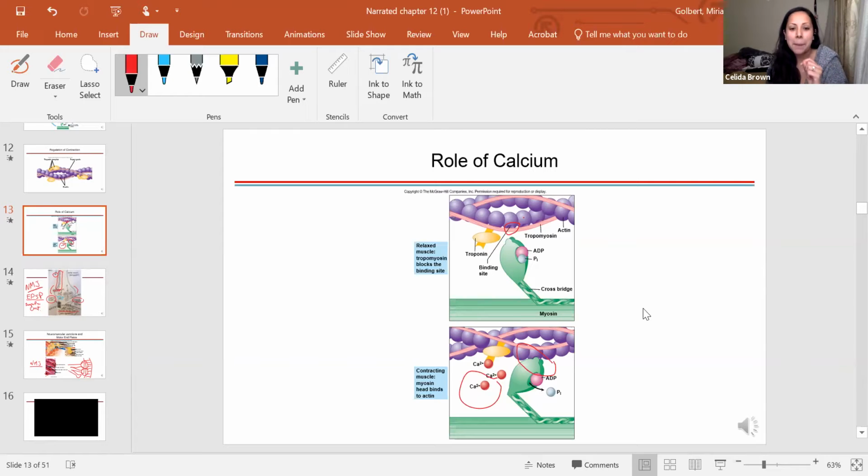This calcium then binds to the troponin, which then allows the tropomyosin to move and unblock the actin binding site.